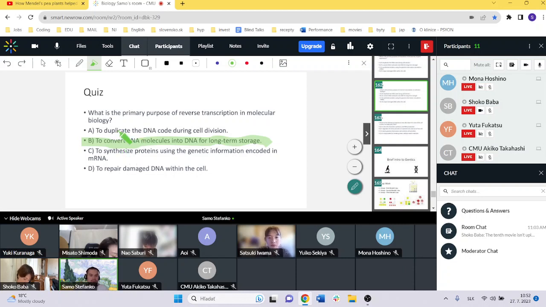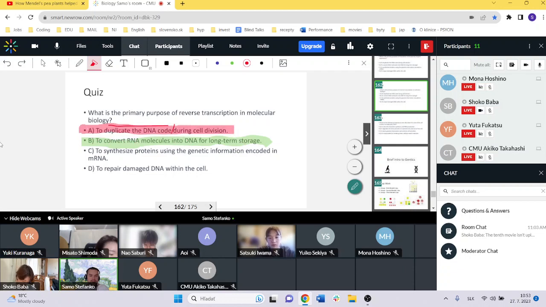Okay, so what is then A, if not reverse transcription? A is replication. Not during the cell division, but definitely duplication of DNA is replication. So A statement can't be correct.